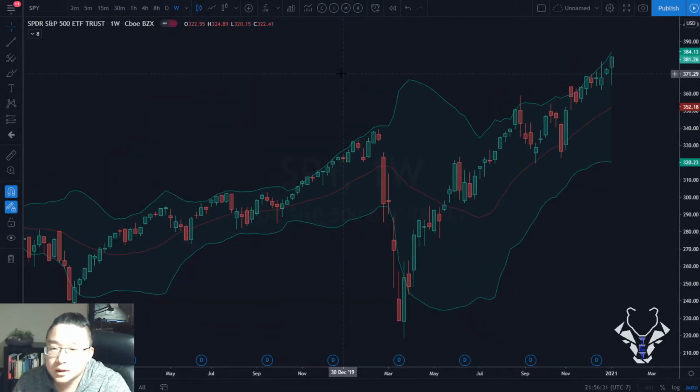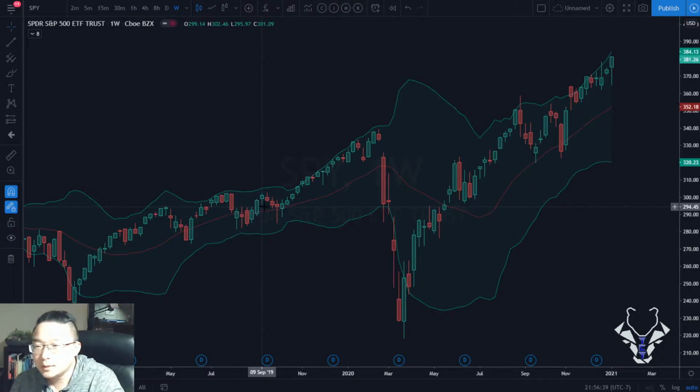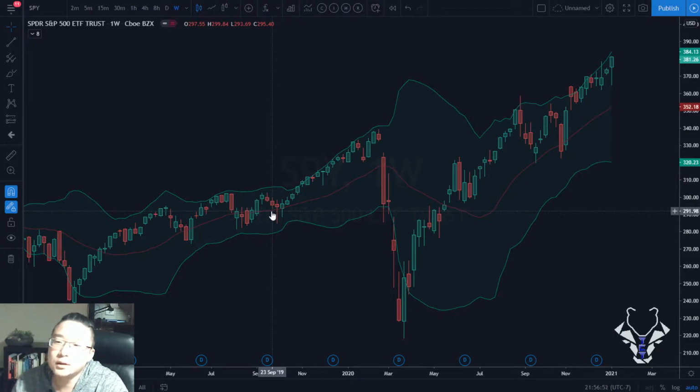Bollinger Bands is something that measures the previous movement and goes from there. The best way to look at this is to think of it as a spring. As it gets compressed and compressed and compressed, it is bound to go one way or the other.